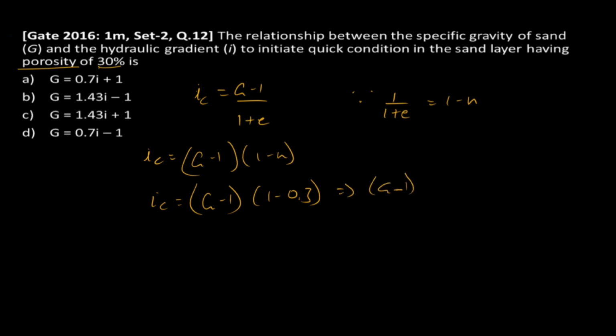G minus 1 into 0.7. So IC by 0.7 equal to G minus 1, which gives G equal to IC by 0.7 plus 1.